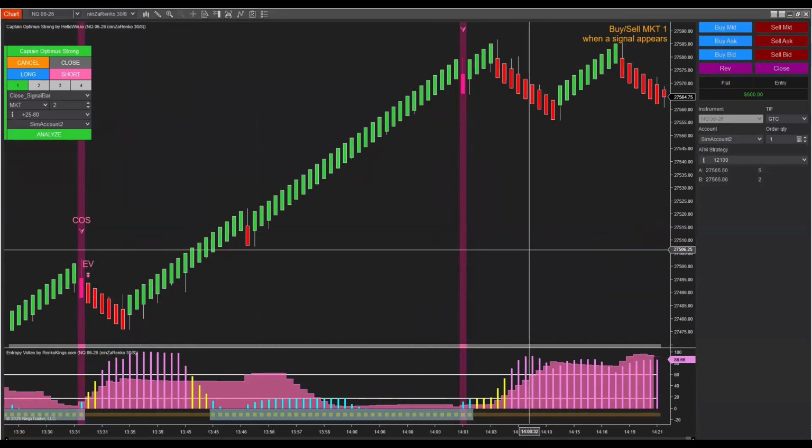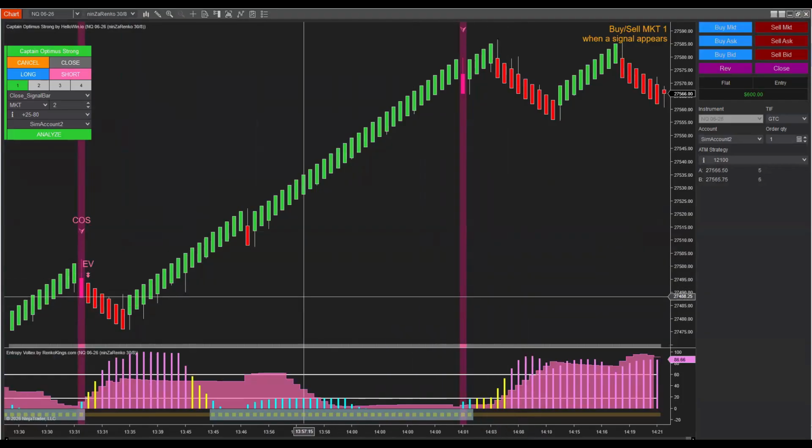Okay, so I'm going to try and catch one trade here. Let's see what we can catch. Where's my other one? I lost my other chart.